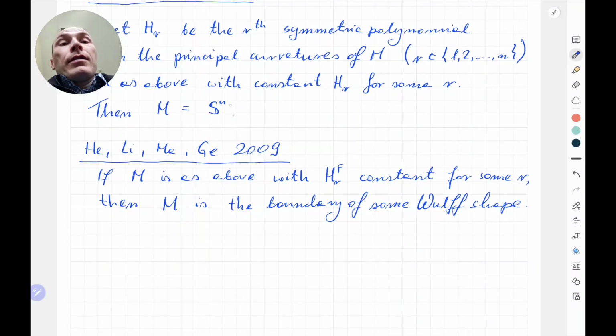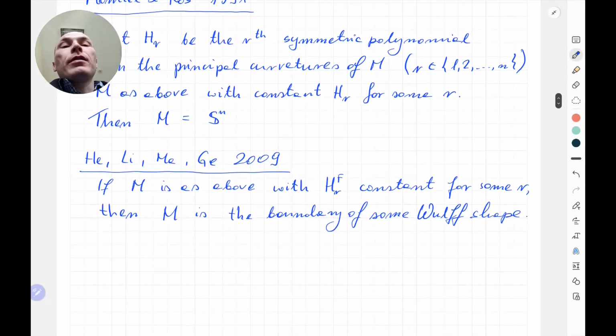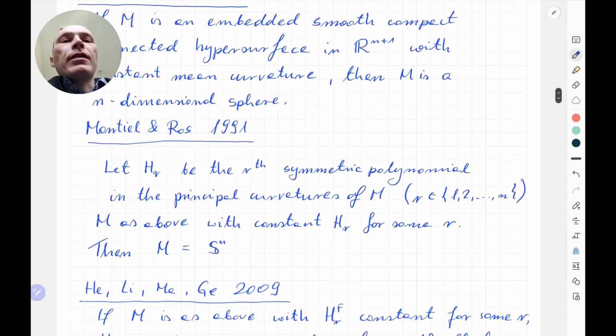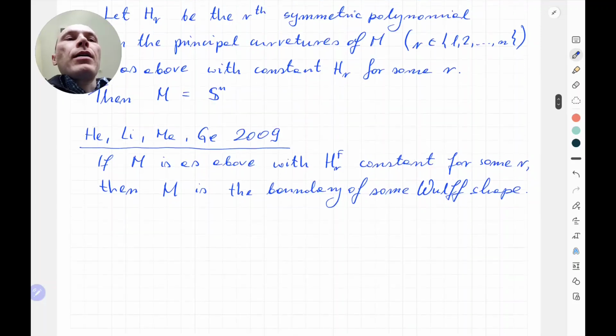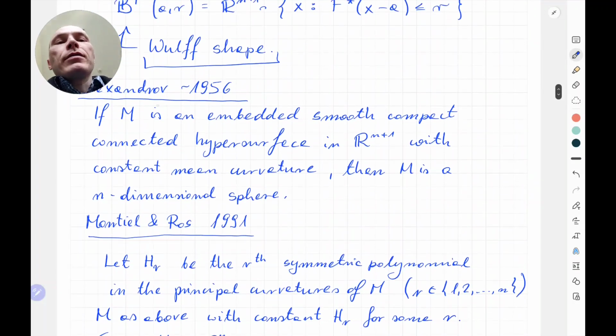So the role of the sphere is now taken by the boundary of a Wulff shape, which is also a sphere in some norm, in the conjugate of the dual norm to F. Now, all these results that I mentioned, Alexandrov, Montiel-Ros, He-Li-Ma-Ge, work with smooth objects. So a priori, they assume M is a smooth object.